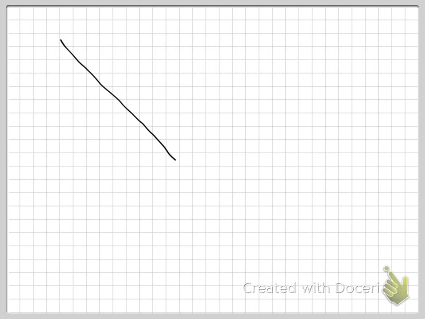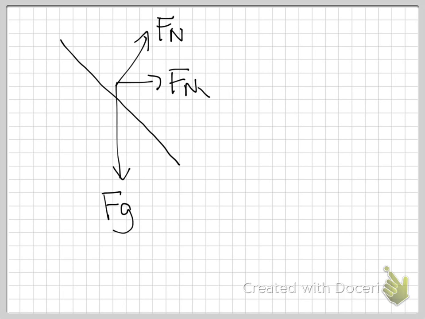Now, the range, your picture looks almost the same, where you have Fn and you have Fn in the x and Fn in the y. But now you have friction, and why friction is tricky here, or sticky situation, pun intended. Oh boy, that was horrible.